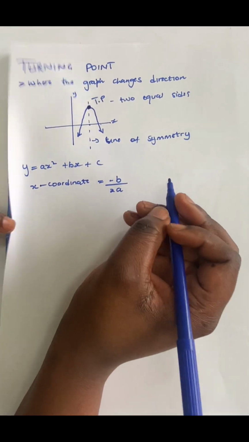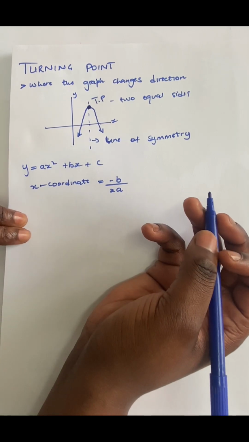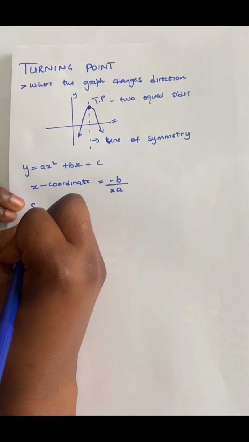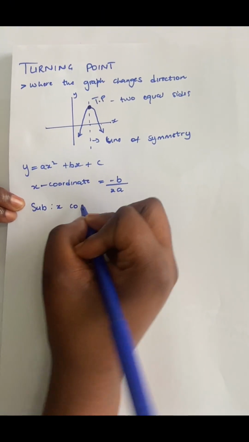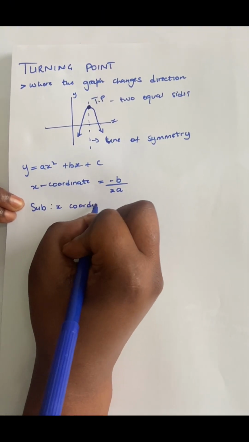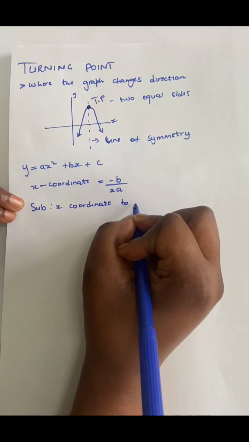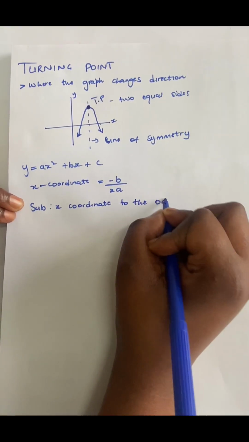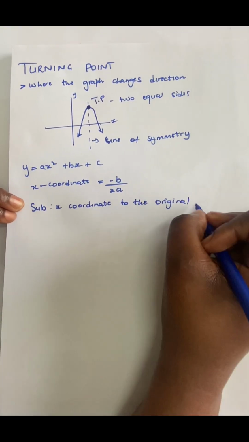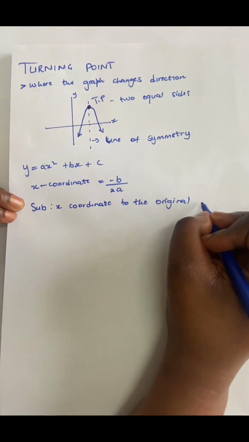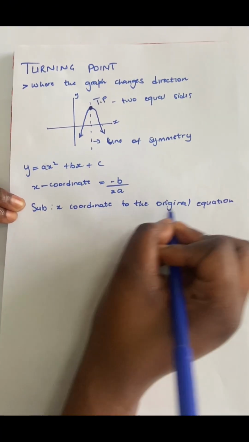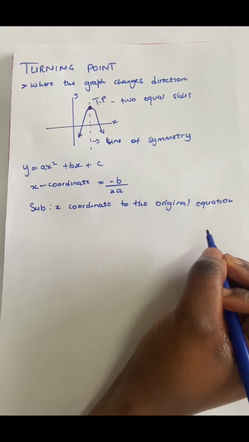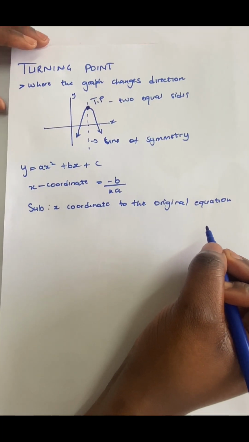And then when you find that x coordinate, you substitute that x coordinate to the original equation.